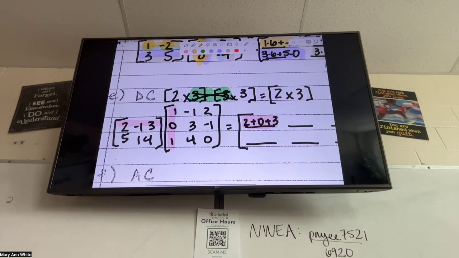Now we can do first row, second column. So now I'll do 2 times -1 is -2, -1 times 3 is -3, 3 times 4 is 12. Everyone hanging with me?